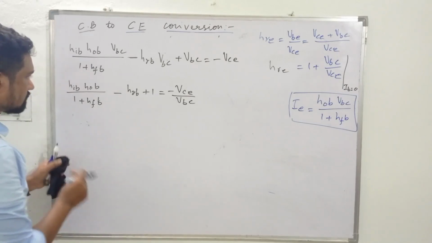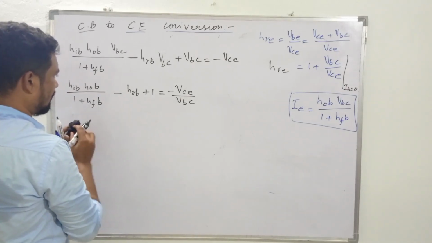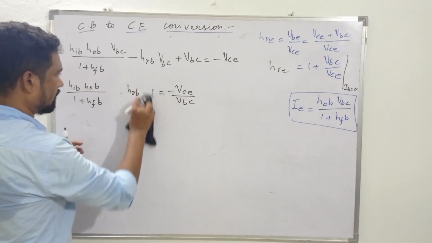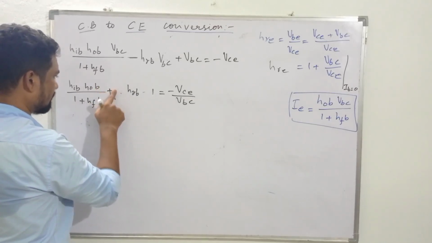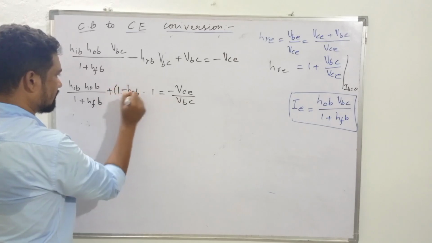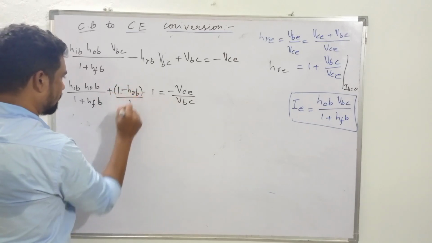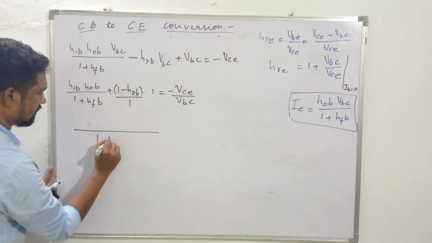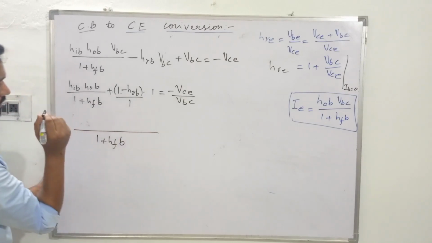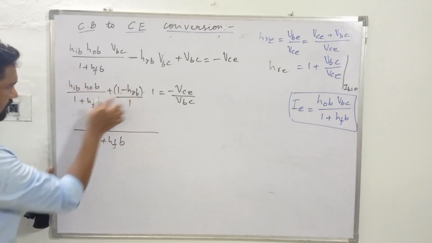All right, so this can be here 1, like plus 1 minus this one. All right, so by 1, simplifying this one, what do we have? 1 plus HFB. All right, cross multiplying, that has to be done, isn't it?